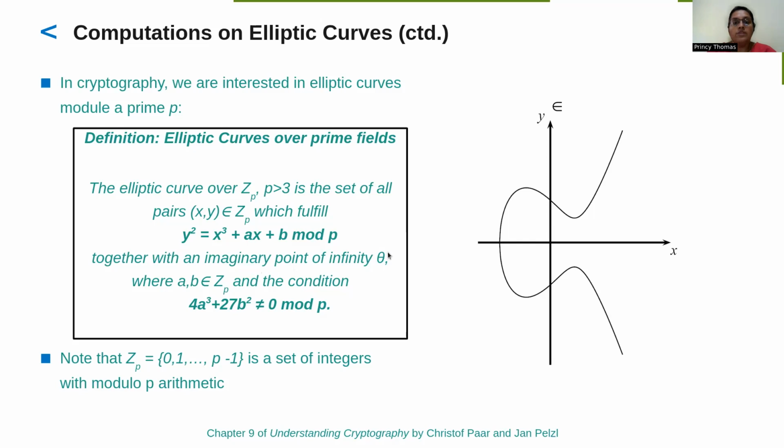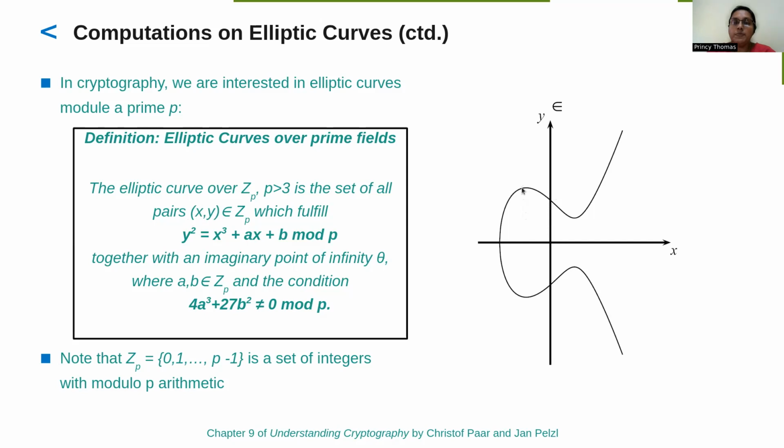So to get minus P, for a point P on the elliptic curve, you have a pair x, y, because a point on this elliptic curve is going to have an x coordinate and a y coordinate.